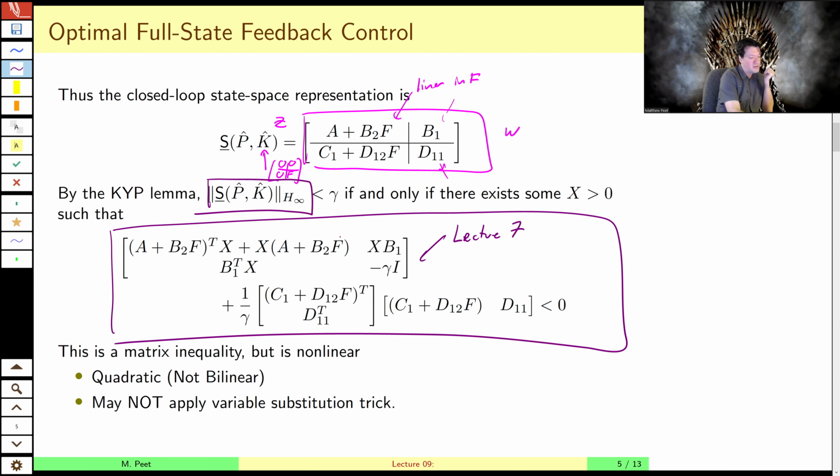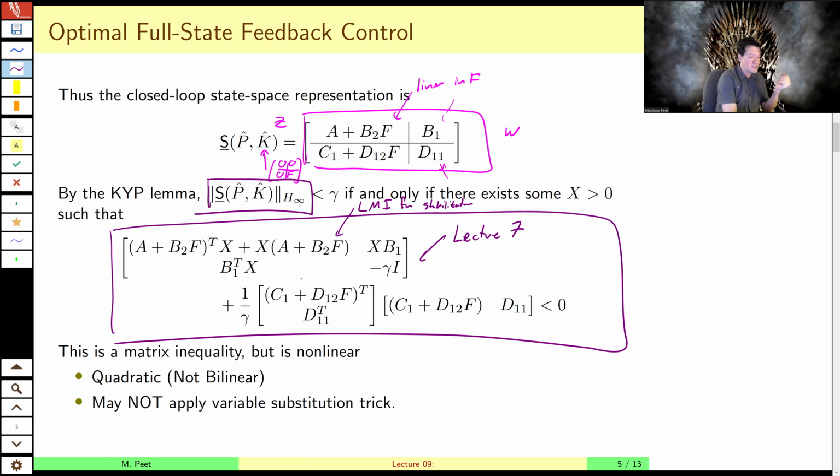So this part of it looks familiar because this is the bit we did for stabilization, right? This is the LMI for stabilization. So we're on track to get something reasonable.